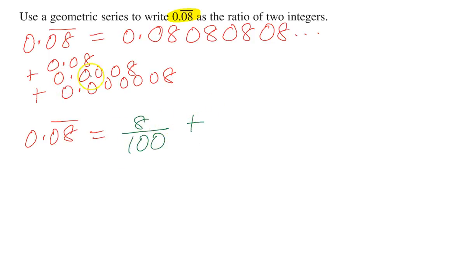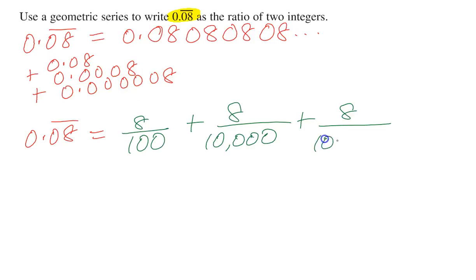Okay, to that add 8 over 10,000, right guys? To that add 8 over 1 million, which has 6 zeros. So on and so forth. Look at this sum. Don't you think they're generated by a geometric series?